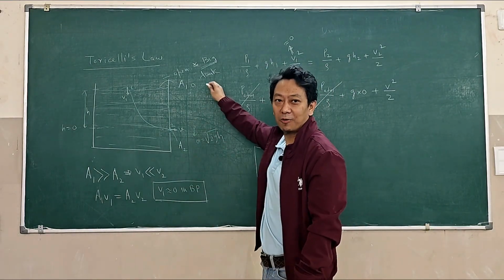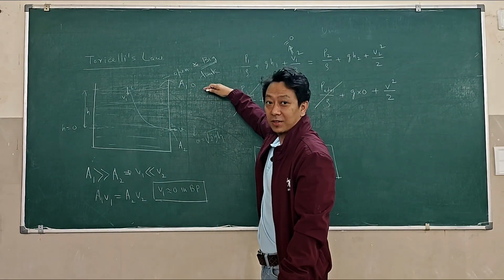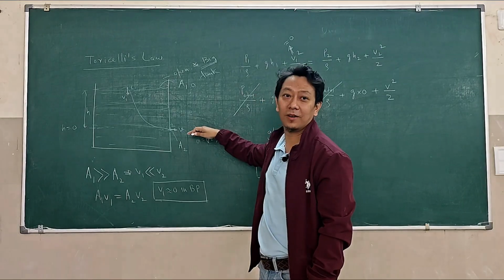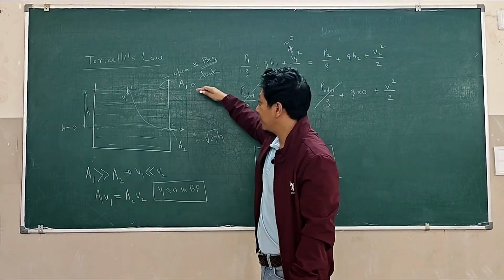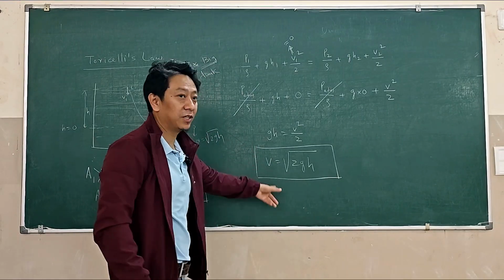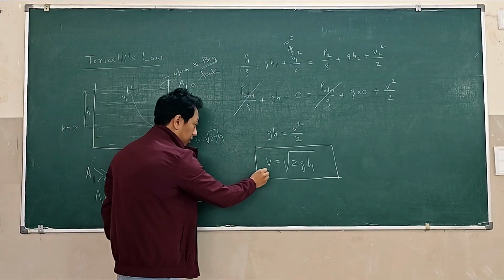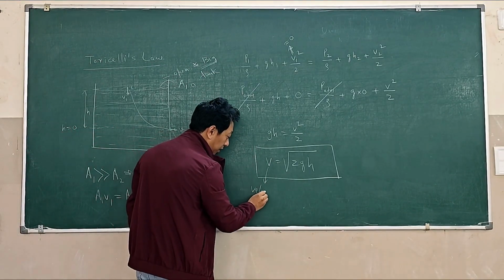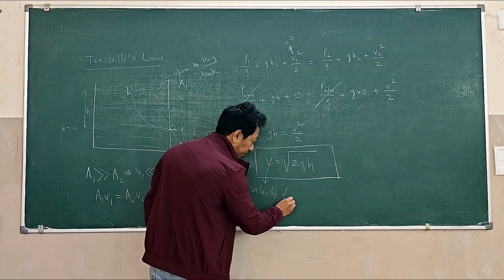If you drop it from the surface till it reaches the hole, whatever velocity it gains during free fall, that velocity is the same as the velocity of the fluid, and this is called velocity of efflux.